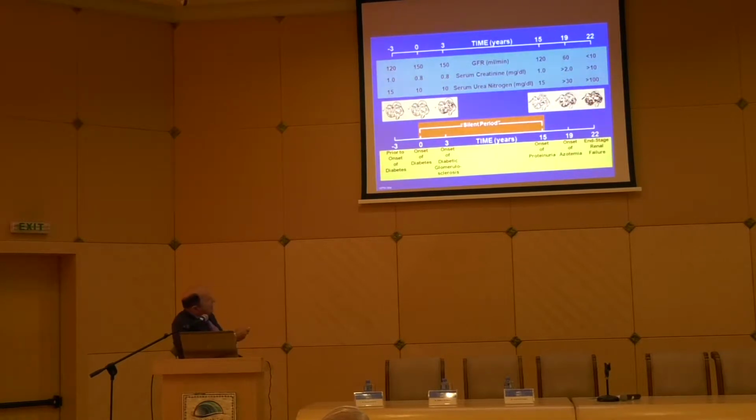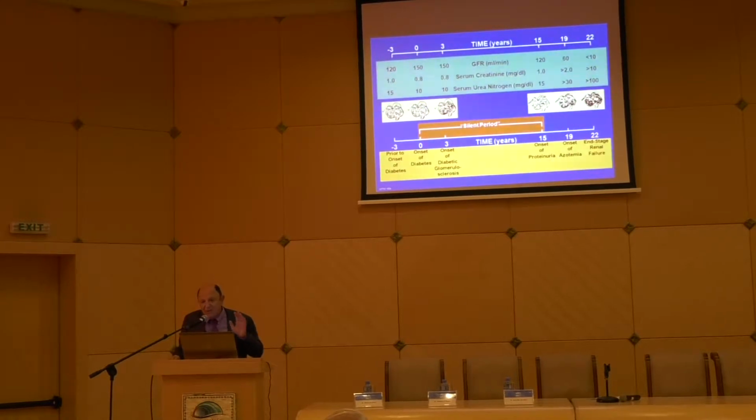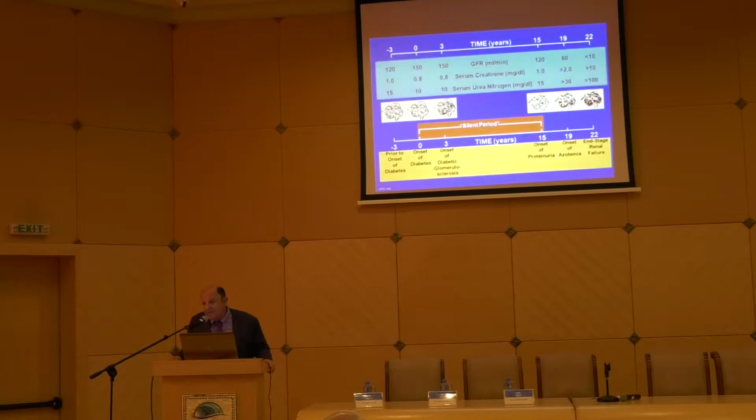Now, as you follow this individual, there's a very long silent period. It's on average about 15 years. And at this time, you now start to see the patient, this patient becomes a problem, because now they have proteinuria. And there are no studies that I'm aware of that show that once you have macroproteinuria, good glycemic control is going to slow down this process.